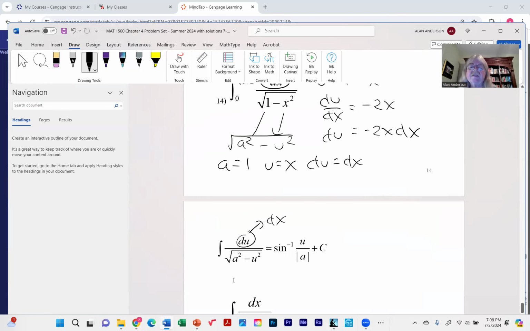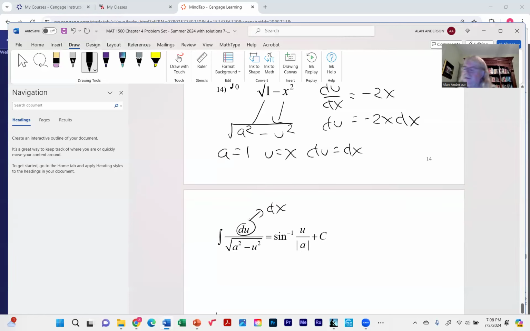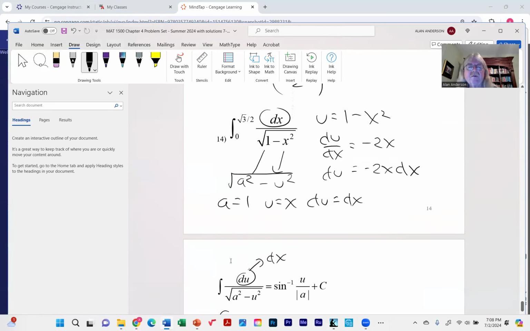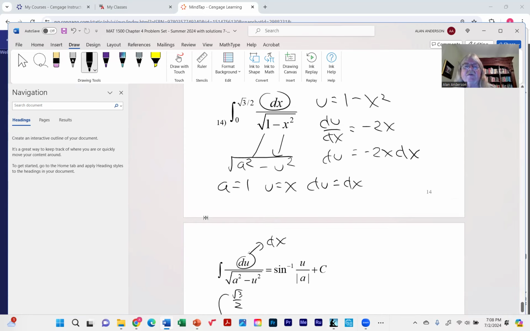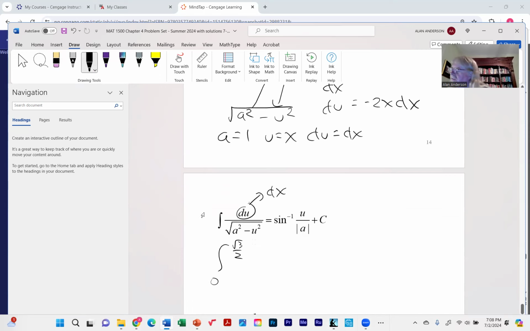Now keep in mind too, this is a definite integral. We don't want to forget about that, which runs from 0 to the radical 3 over 2 of, okay, I guess I'll just copy the whole thing again. Dx over radical 1 minus x squared, where we've already determined that a is 1 and u is x.